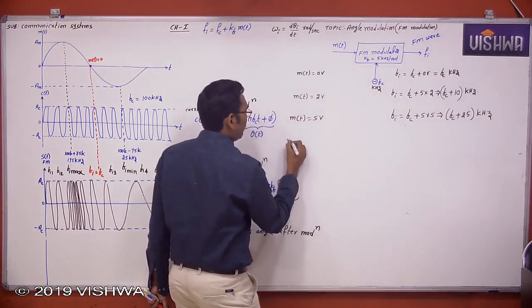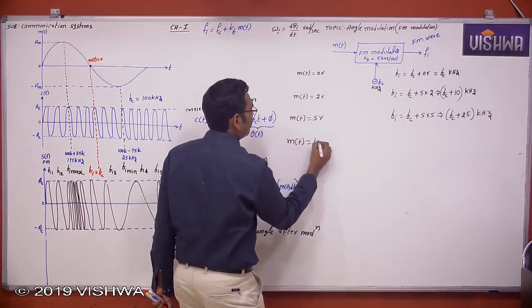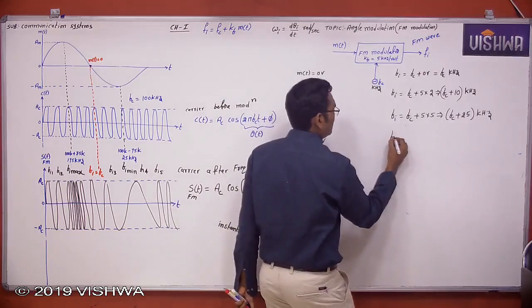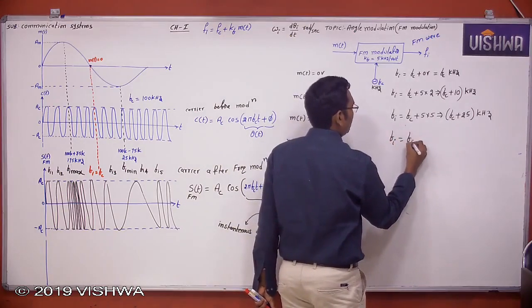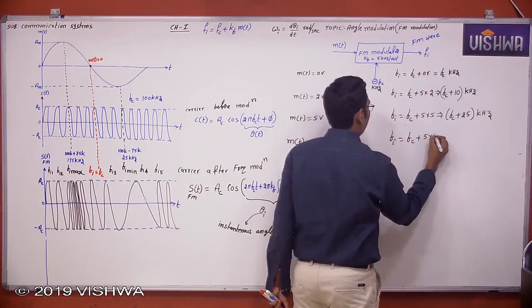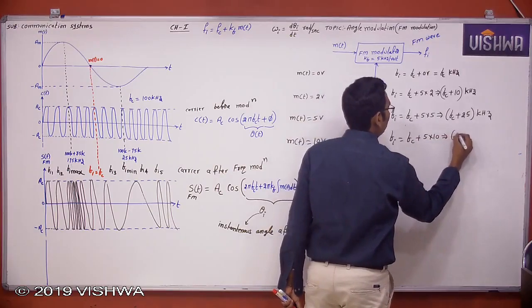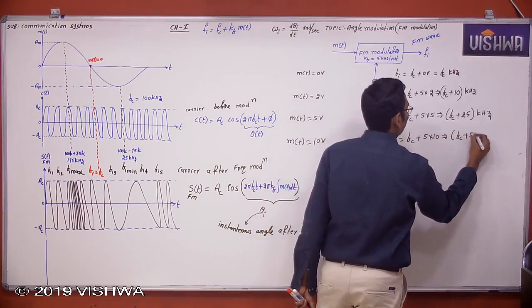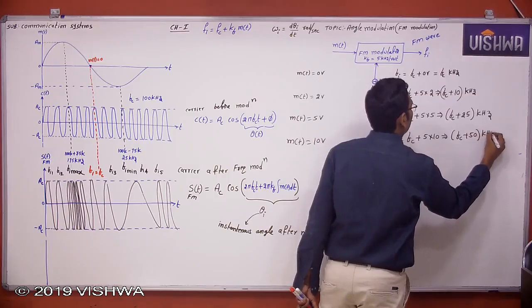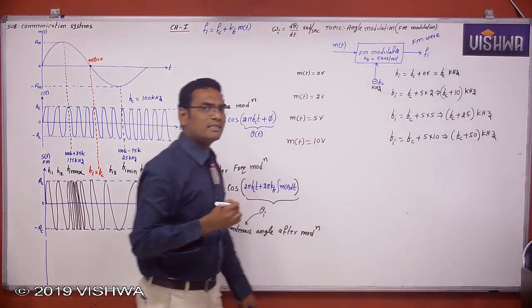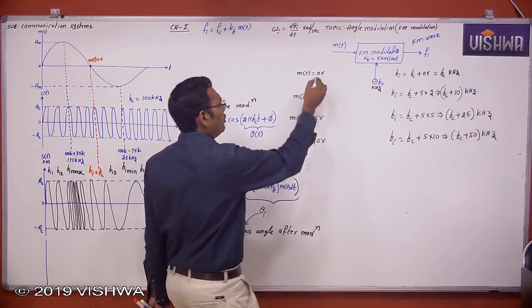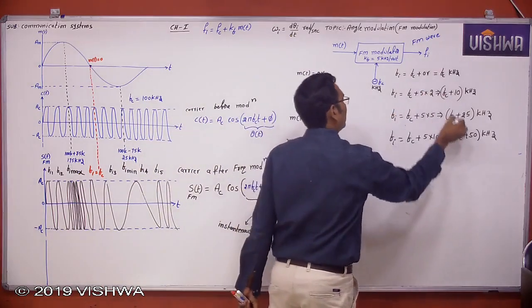Now if m of t is equal to 10 volts, F10 is equal to Fc plus 5 into 10, which is equal to Fc plus 50 kilohertz. So these are the voltage variations and these are the frequency variations.